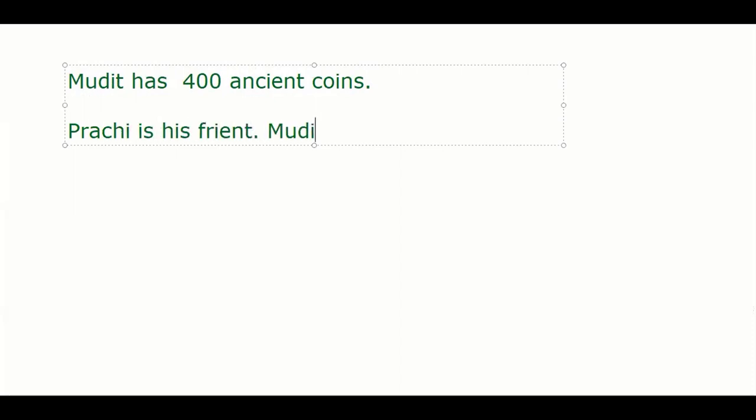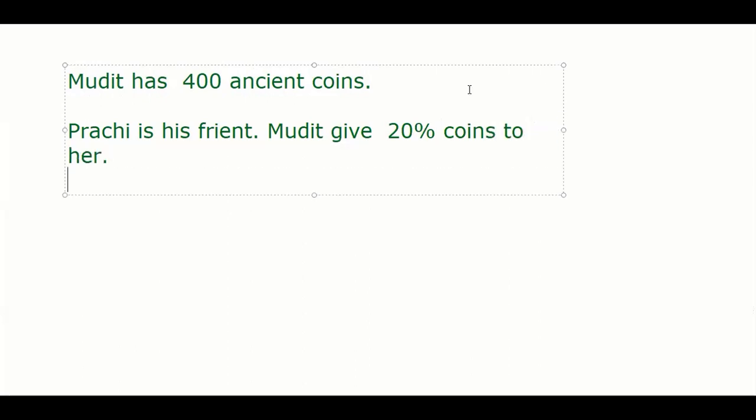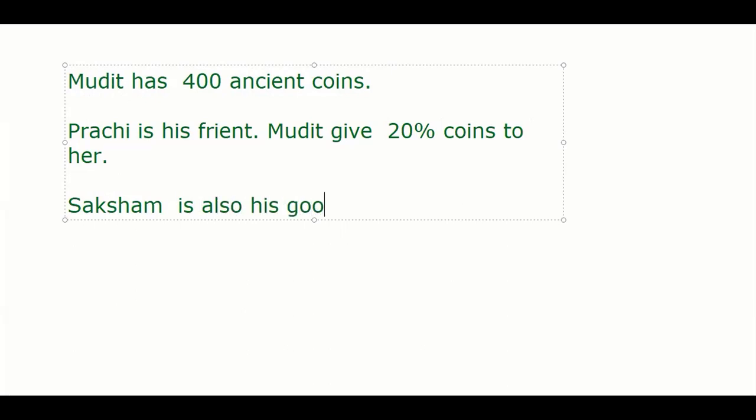So Mudit gives 20% coins to her. Then Saksham is also his good friend.